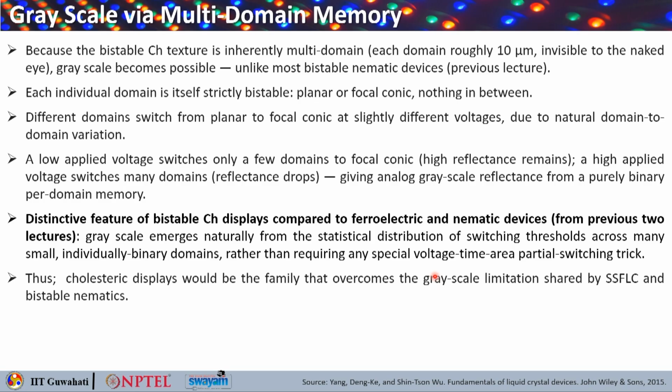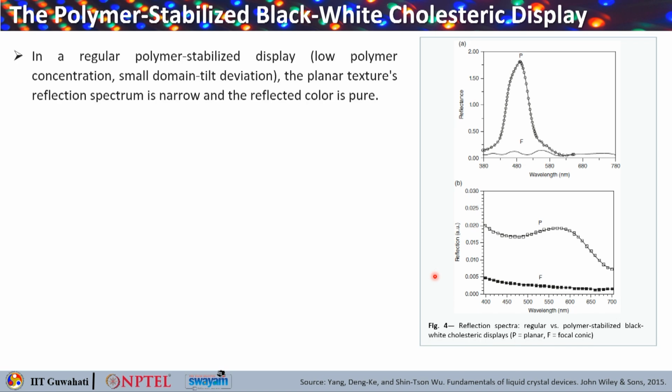That makes cholesteric displays overcome the grayscale limitation shared by the SSFLC and the bistable nematics. Now we develop the polymer stabilized black-white variant, which was only briefly introduced earlier in the grayscale slide, since it is a specific, practically important, reflective electronic paper style display. That is worth discussing.